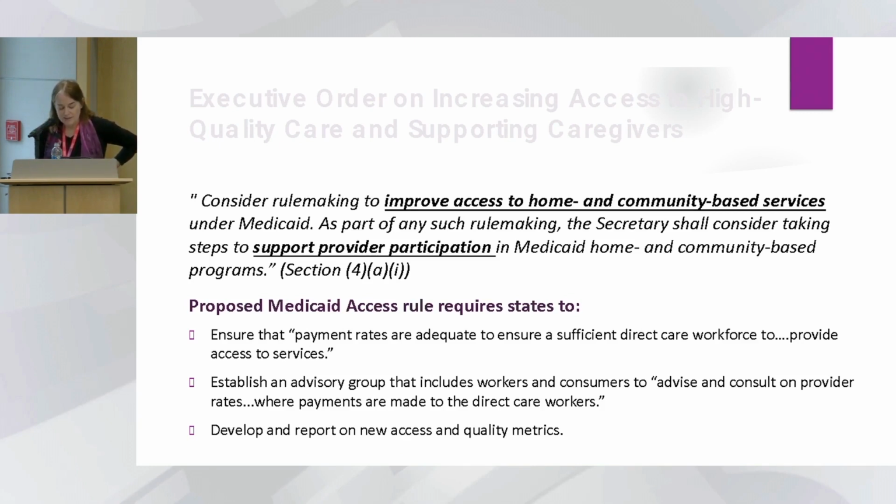The first directed CMS to improve access to home and community-based services, specifically by taking steps to support provider participation, which meant worker participation. And the word access is very key here because the Centers for Medicare and Medicaid Services, CMS, at that point had rulemaking underway to strengthen regulations that implement the Medicaid access requirements.